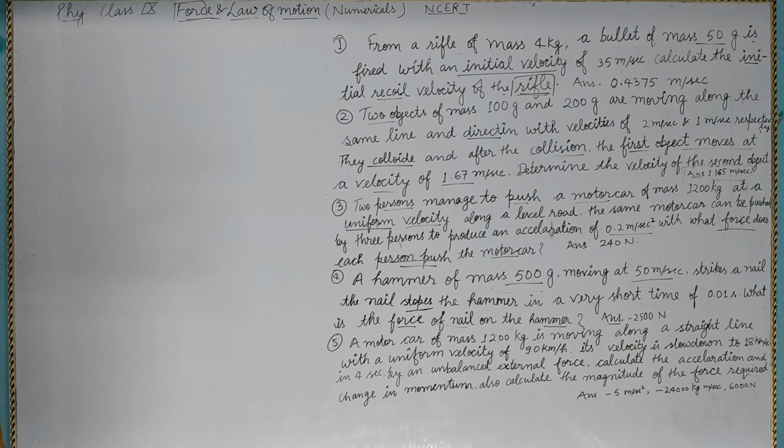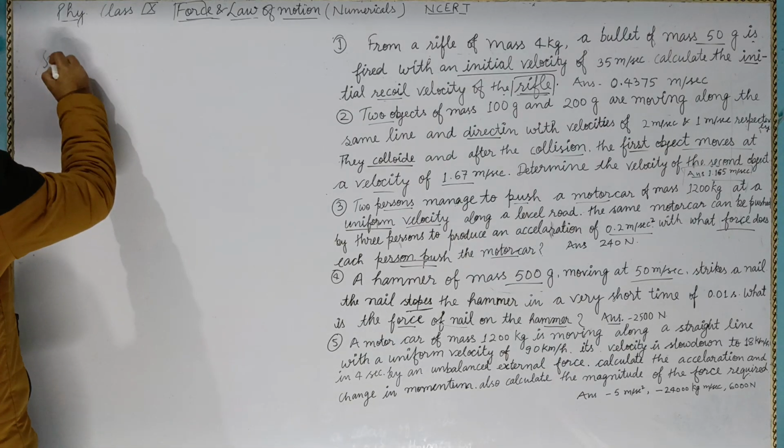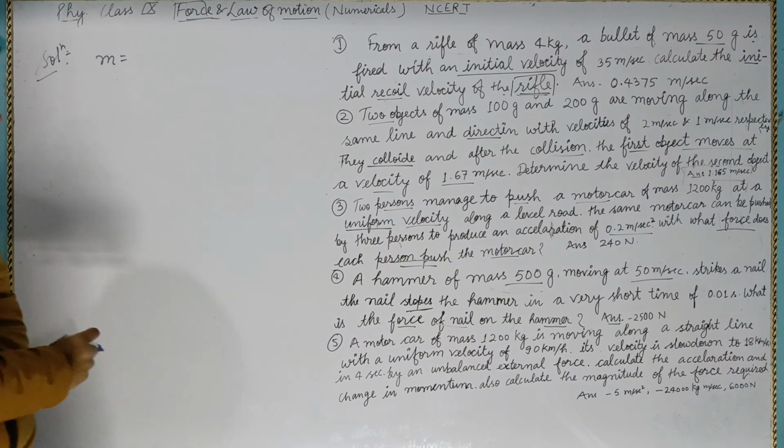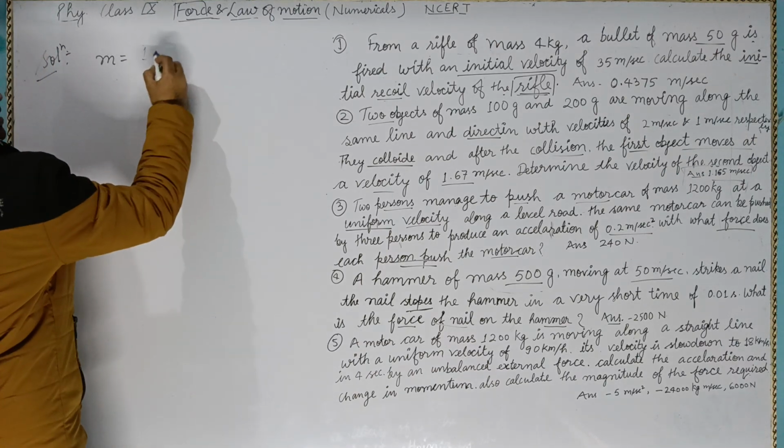Its velocity is slowed down to 18 km per hour in 4 seconds by an unbalanced external force. The motor car of mass m equal to 1200 kg.